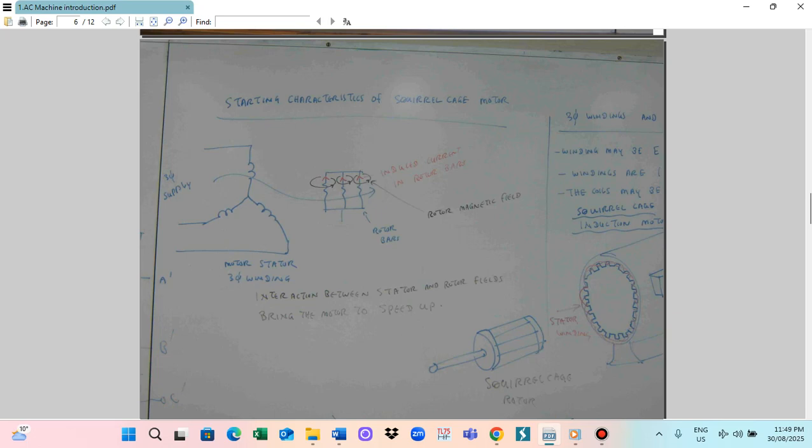So the motor stator three-phase winding we connect to the supply. This is the three-phase supply. So flux is passing through the stator and the rotor. This is called a rotor bar.